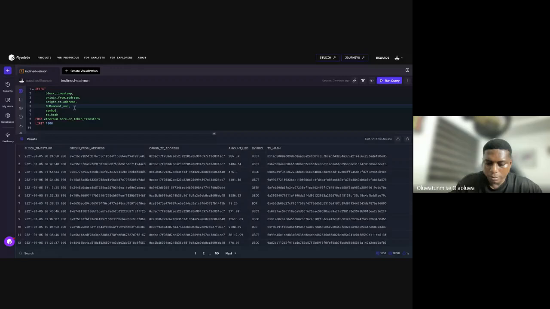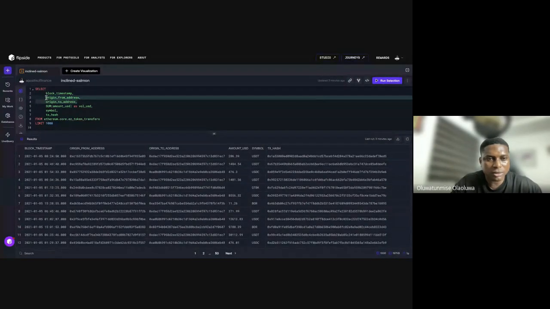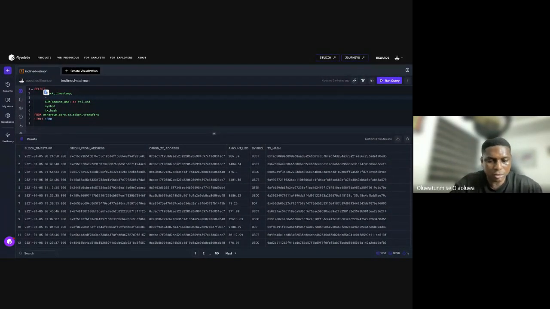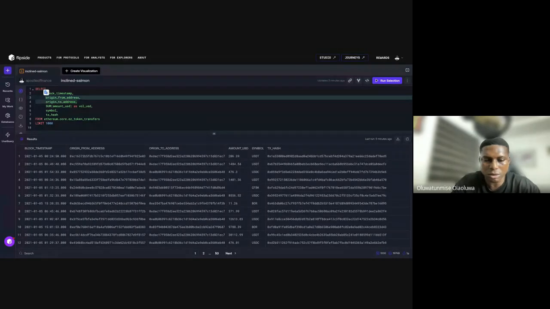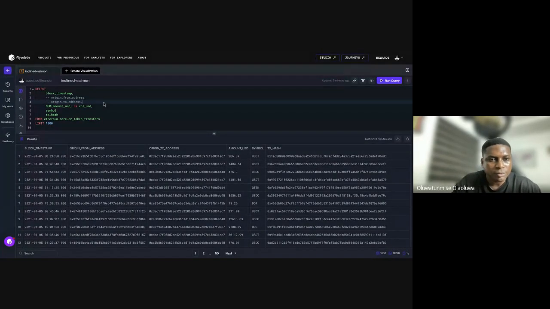Let's sum amount USD as volume in USD. Okay, and let's keep these. And then I'll group them by symbols. Let me also put this off. Okay, good. So let's run this.